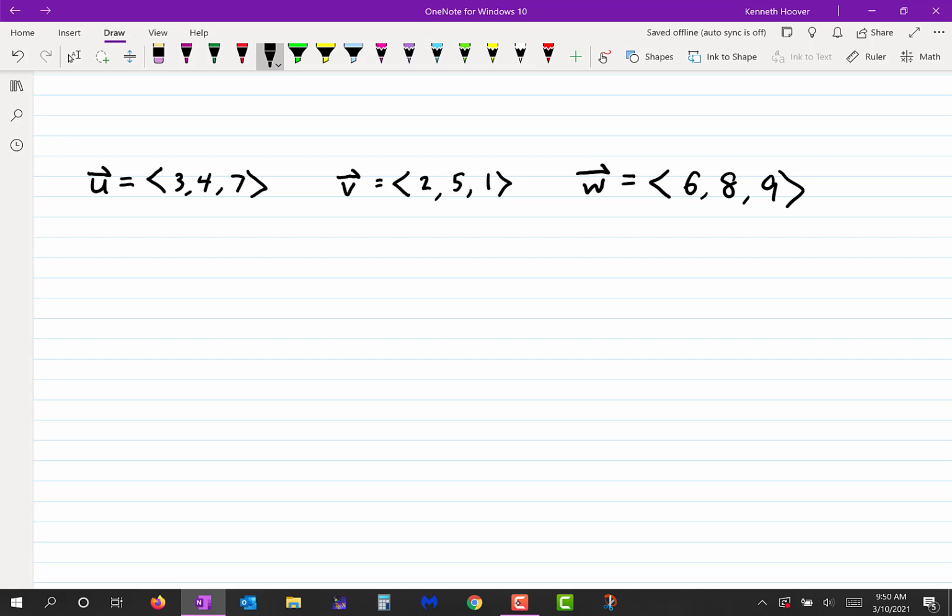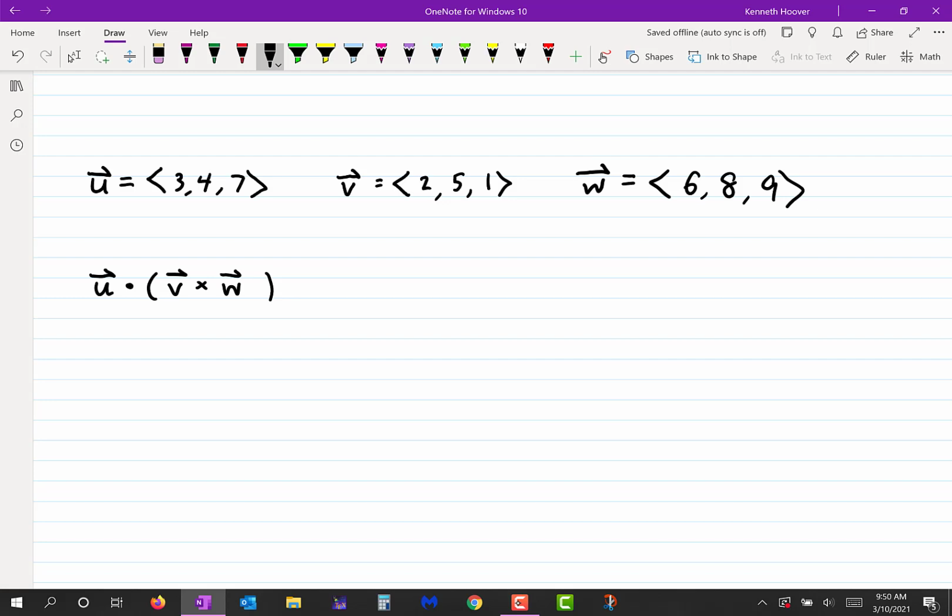Now, suppose you want to find the scalar triple product, u dot, so that's the dot product of the vector u with the vector v cross w. Do you remember what that would tell us?